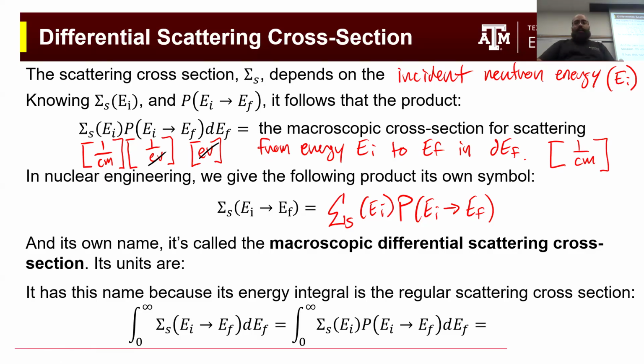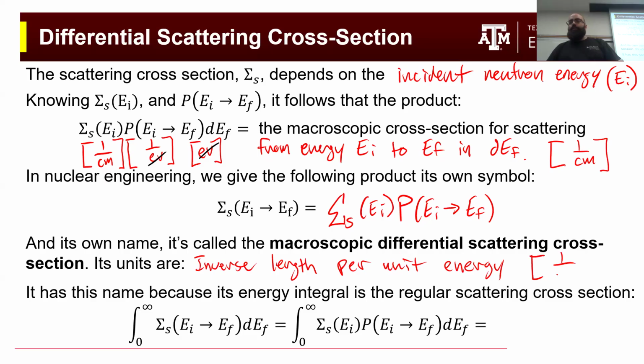The differential scattering cross section has units based on sigma s and that probability density function, so it has units of inverse length per unit energy, like 1/centimeters times eV, all in the bottom. If I take that cross section, multiply by that PDF, that gives me my differential scattering cross section.